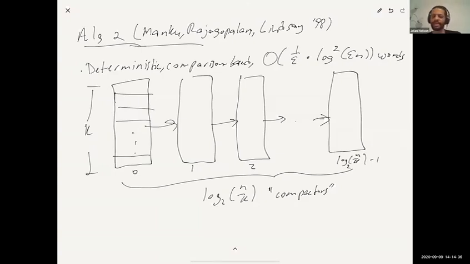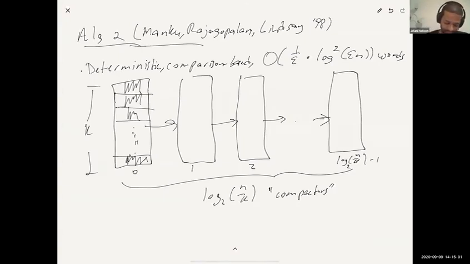When you see an item in the stream, what do you do? You put it in compactor 0. So compactor 0 will slowly start to fill up. And then now it's full. So what do you do? You sort these items, and then you promote, let's say, every other item to the next compactor. So all the items at odd indices, let's say.